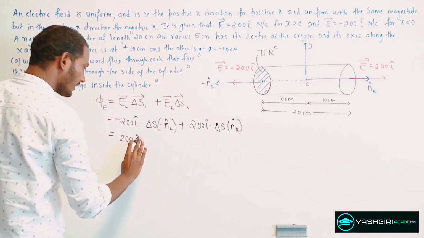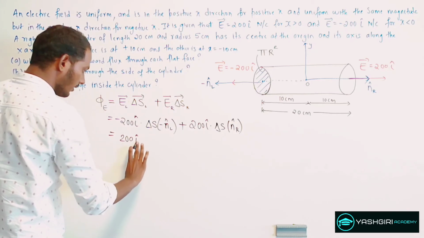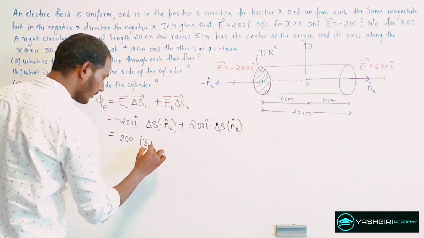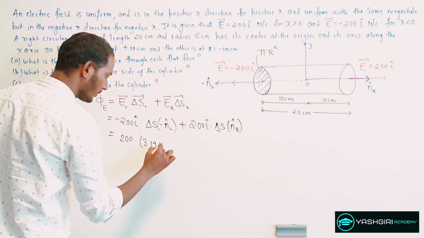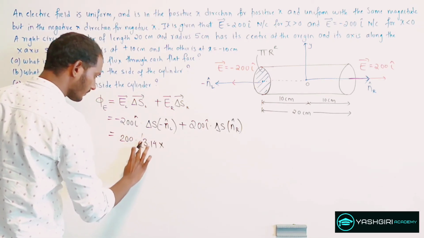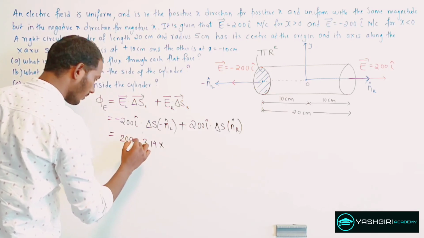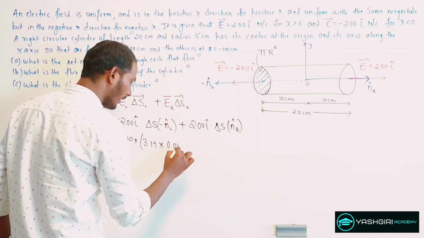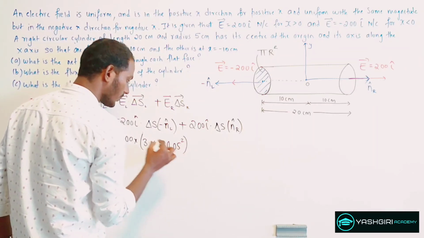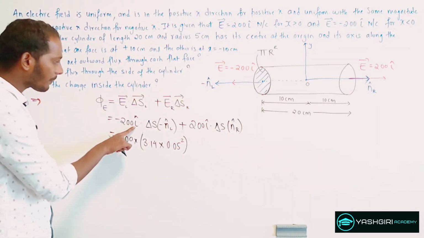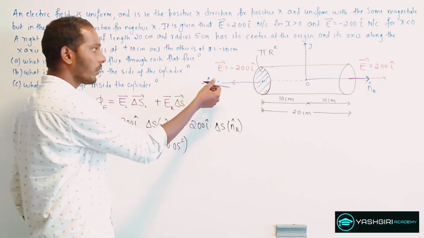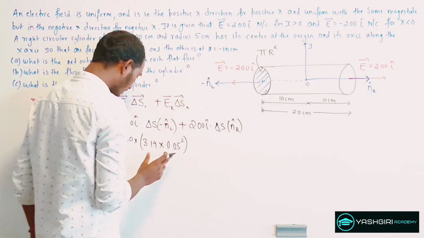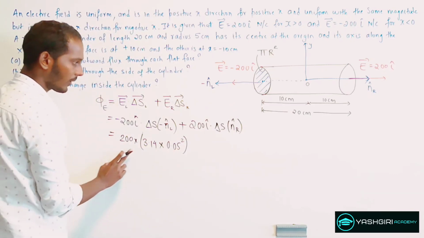So I can say 3.14 into 0.05 the square. Here i cap and minus n cap of L are both in the same direction, so the angle between them is 0. All right, so that will give me a scalar quantity when I multiply.